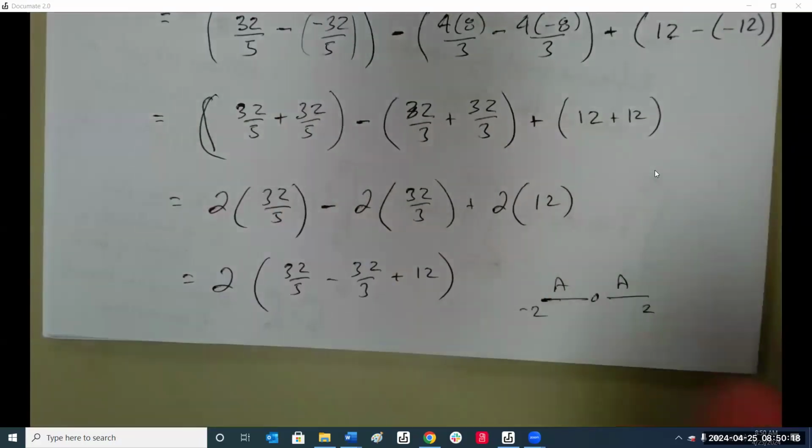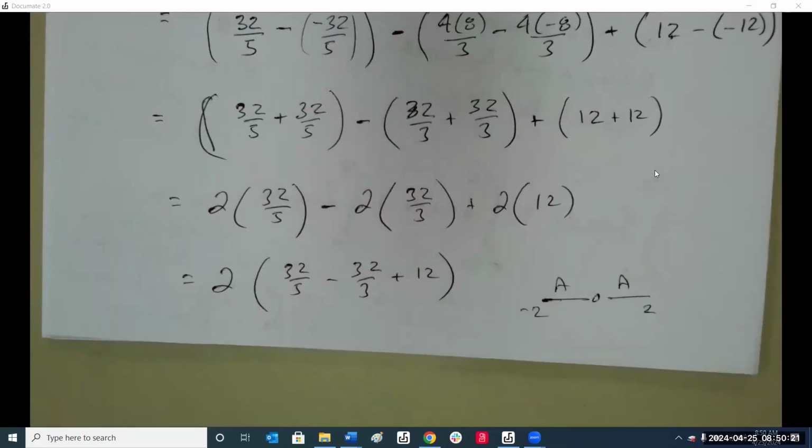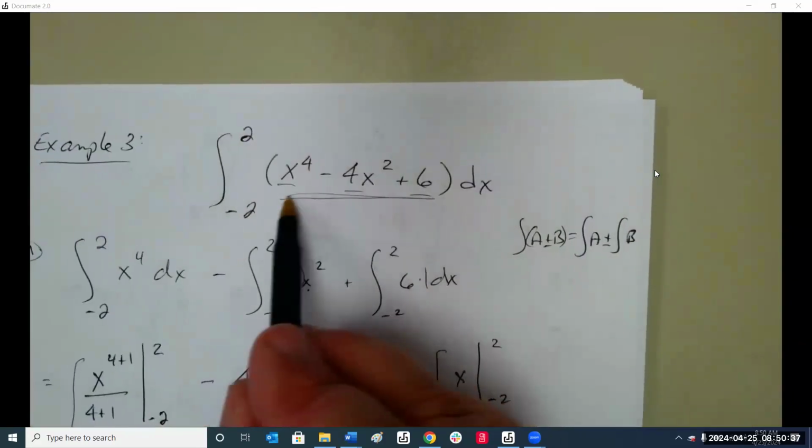So we could have saved ourselves a whole bunch of time there, but what do we notice about the original equation? What can you tell about the function?